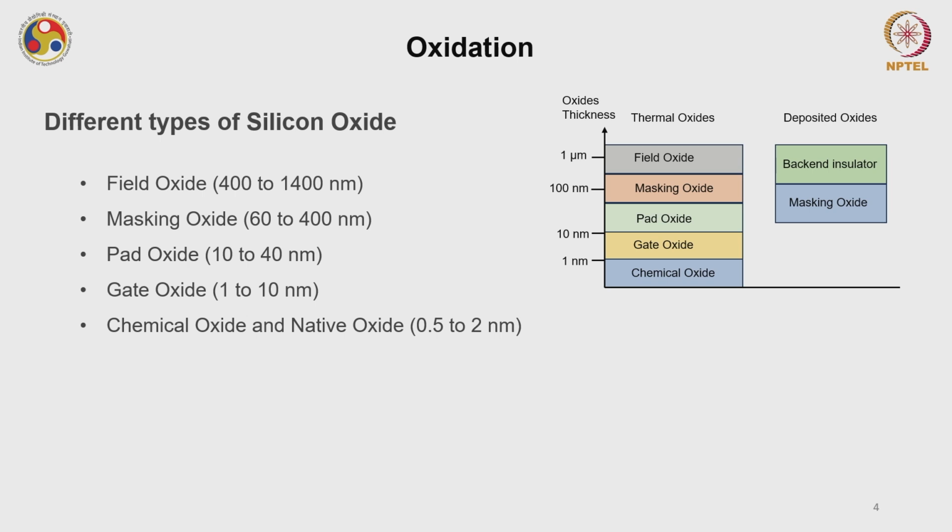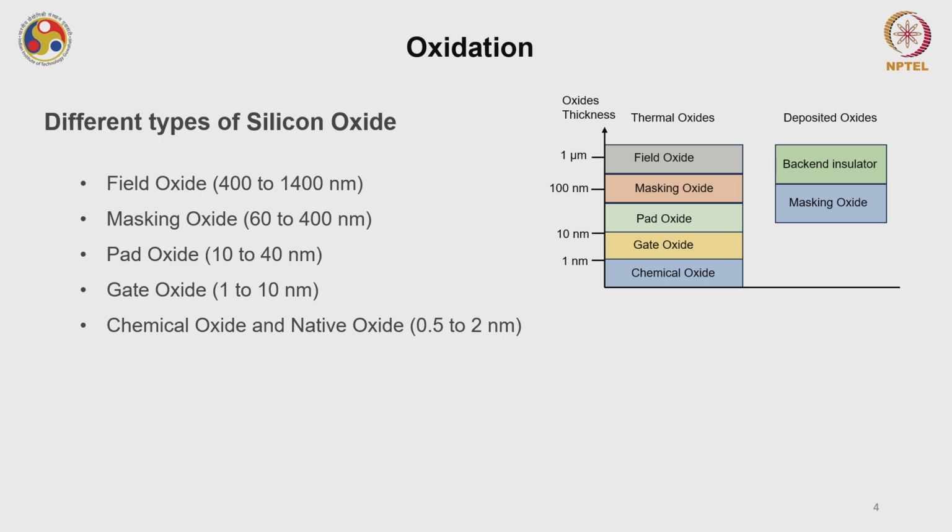Even if the size of the device is increasing, the gate oxide doesn't change much. Then pad oxide is a requirement for sensor fabrication as well as some microelectronic device fabrication, and typically its thickness is around 10 to 40 nanometer.